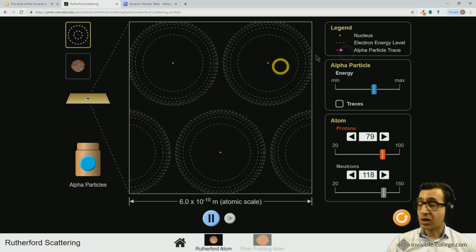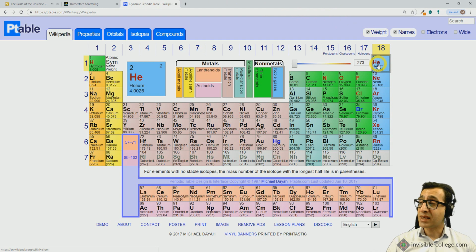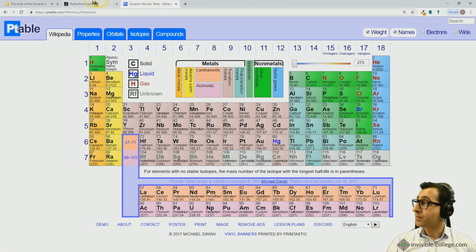Now alpha particles are composed of 2 protons and 2 neutrons each, and so they are essentially the same as a helium nucleus. So the nucleus of a helium atom has 2 protons and 2 neutrons, and so an alpha particle is essentially the same as the nucleus of a helium atom.